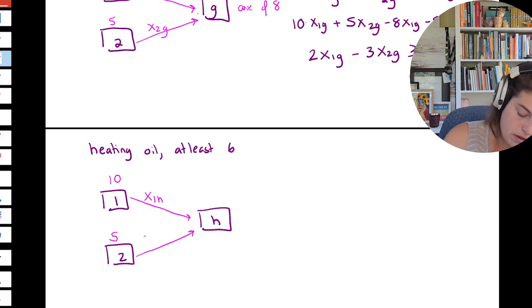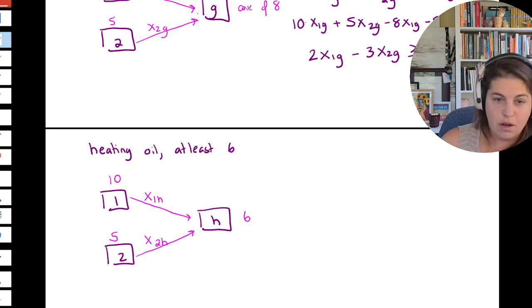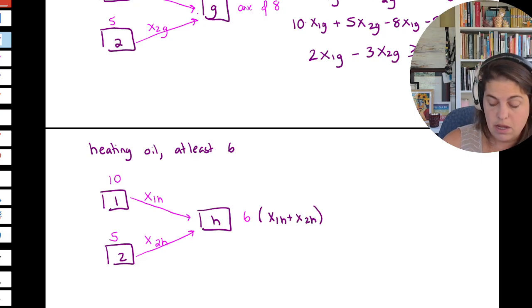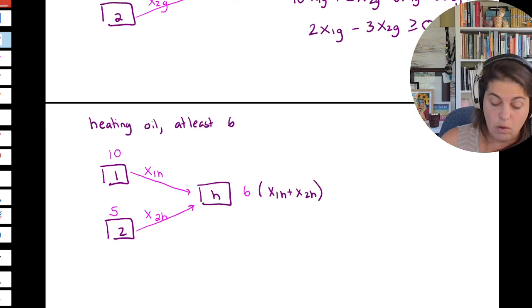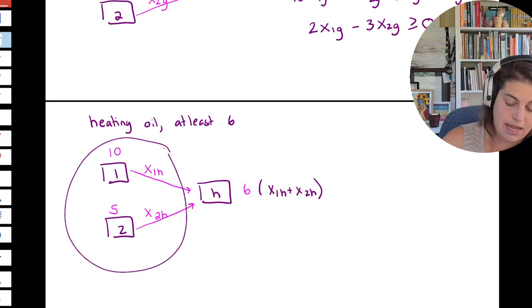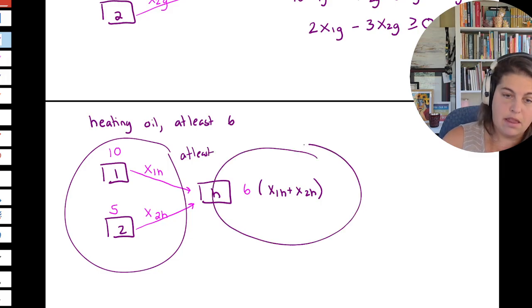The amount of crude oil 2 is x2h. And I need this to come out as at least a 6 over there. And we know that the total amount of H is the amount of 1 plus the amount of 2 combined. So what is my blending constraint? It's that this has to be at least this.